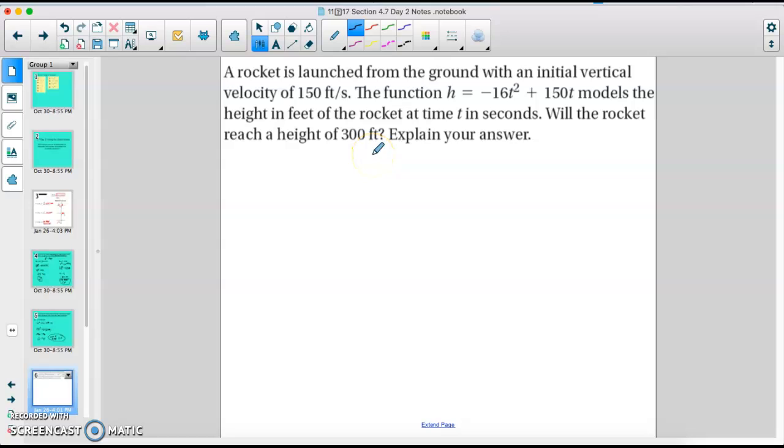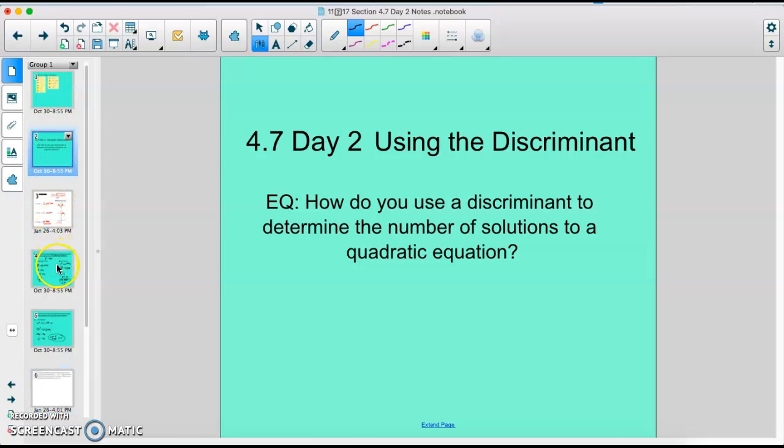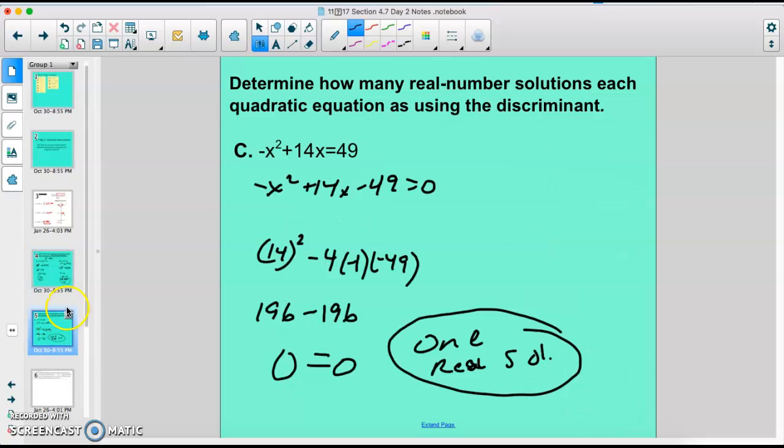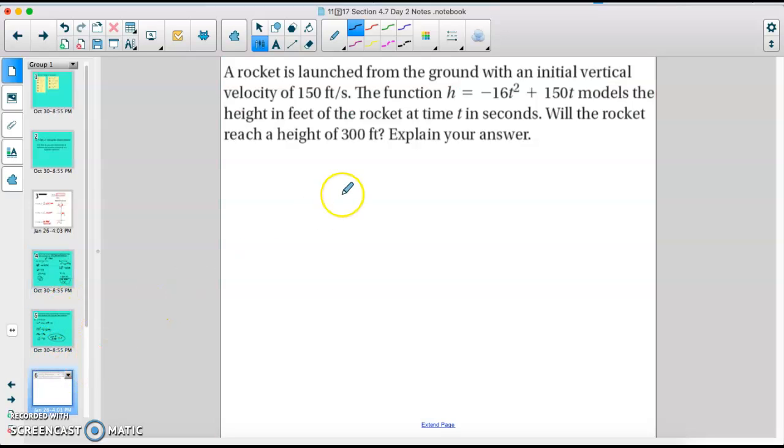Our question is, will the rocket reach a height of 300 feet? And explain your answer. Now, there's a way to use the discriminant here, and we'll do that one first, and then I'll show you how I would do this problem. I said determinant, but determinant is a whole other thing. So if I say determinant in this lesson, I mean discriminant. Sorry about that.